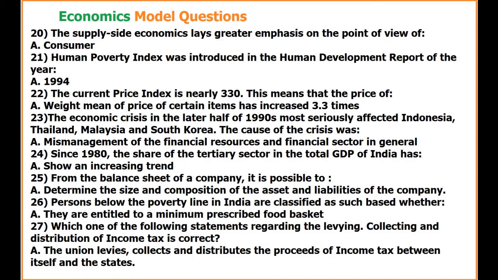Human Poverty Index was introduced in the Human Development Report of the year 1994. The current price index is nearly 330. This means that the weighted mean of price of certain items has increased 3.3 times.